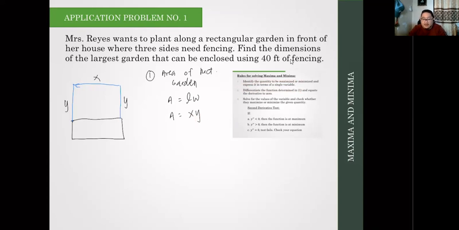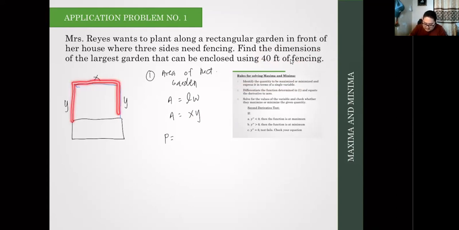So saan mo kukunin ngayon yung relationship na bago? Kunin mo dun sa perimeter mo, which is ito. Nakalagay sa kanya 40 feet ng fencing. Okay? So yung 40 feet na yon, saan magiging equal yon? Kunin natin muna yung perimeter. So ang perimeter, di ba, is summation ng sides. So ito yung side natin.